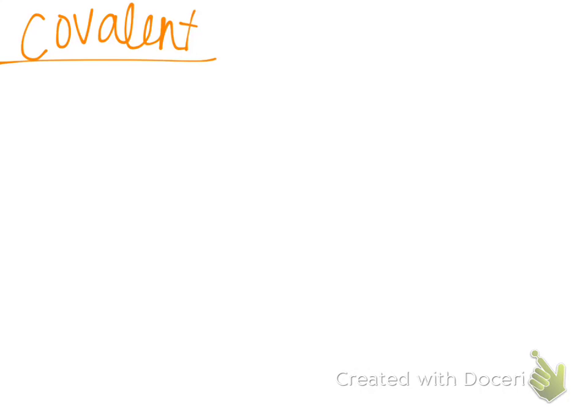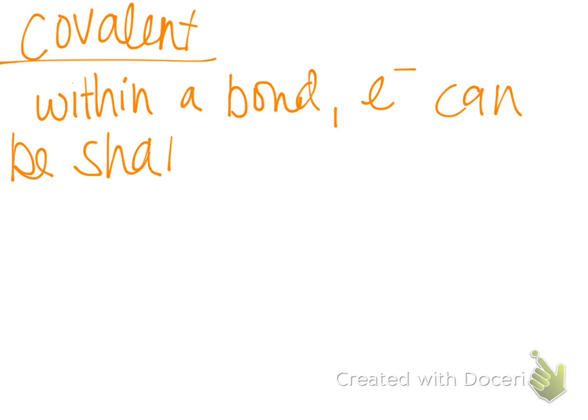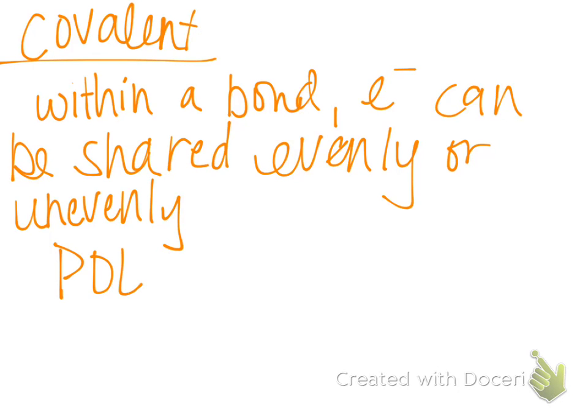Okay, so within a bond, that's what we're looking at here. Electrons can be shared evenly or unevenly. So what we would call a polar covalent bond, so a polar bond or a polar covalent bond, however you want to say it.